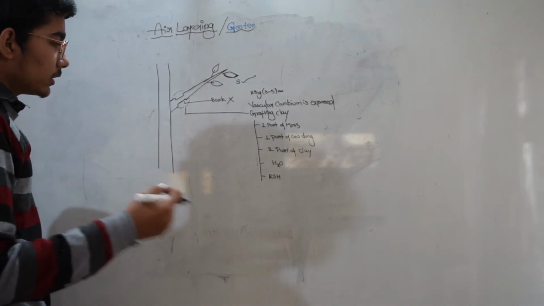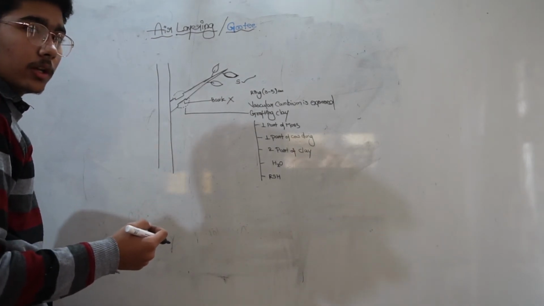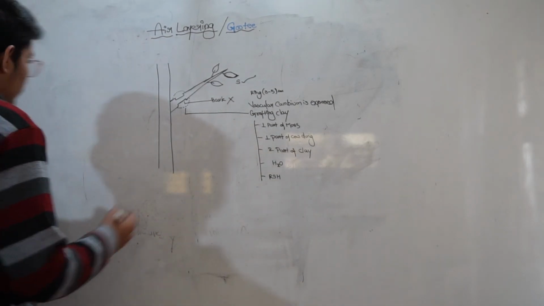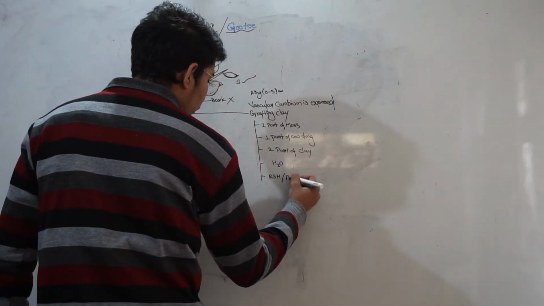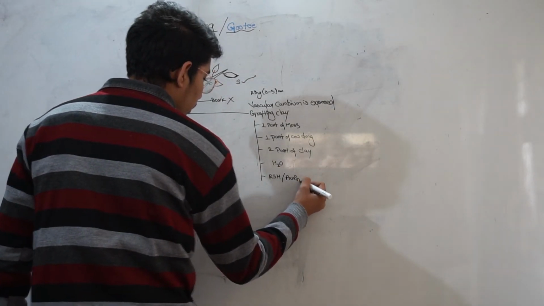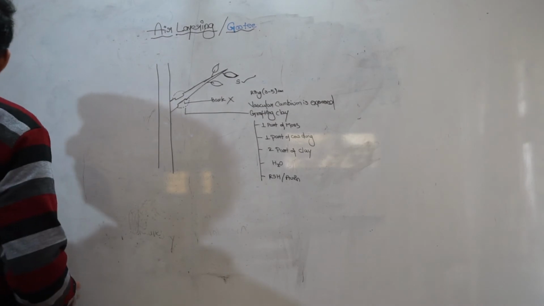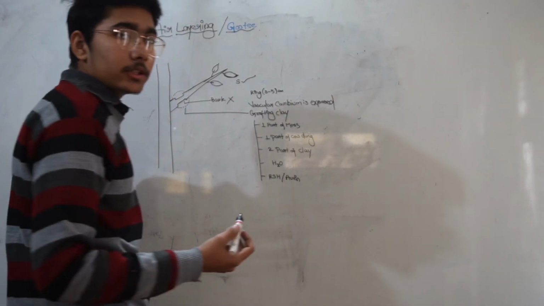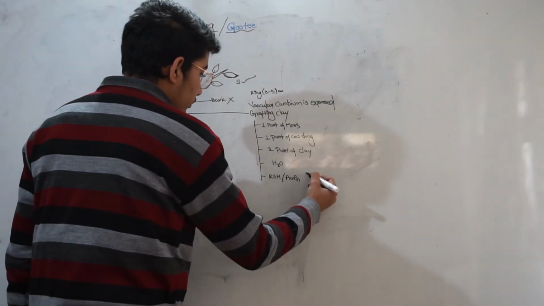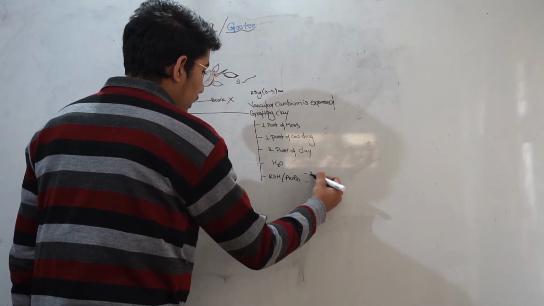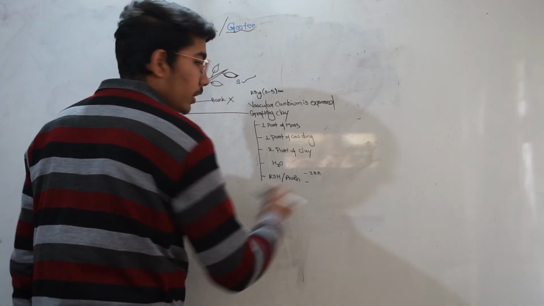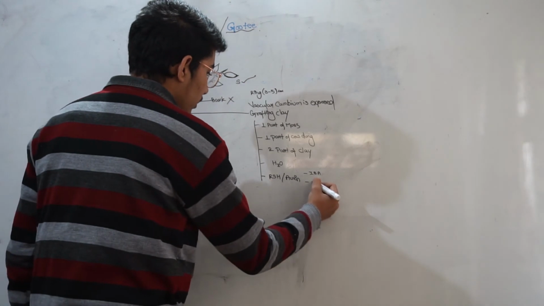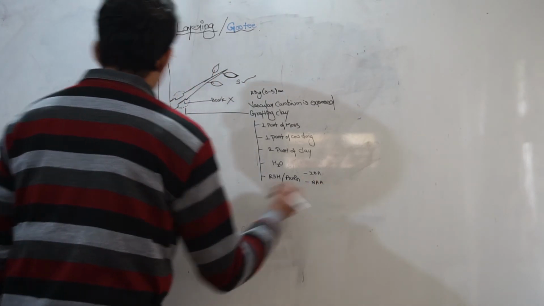This is root setting hormone, and this is basically an auxin hormone. It consists of two types of hormones, IBA and also NAA.